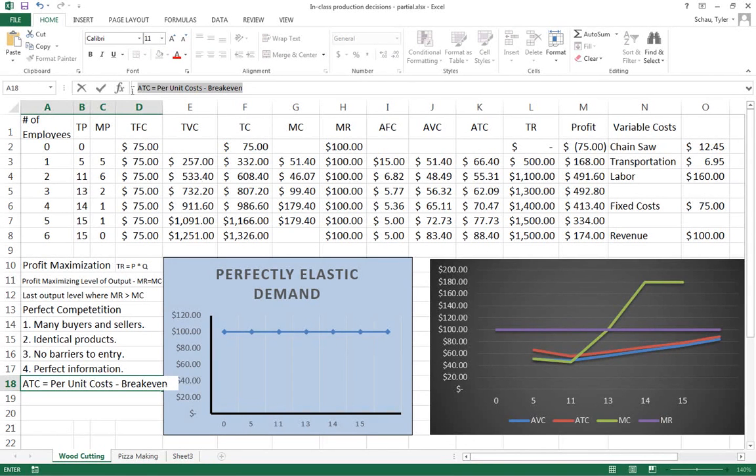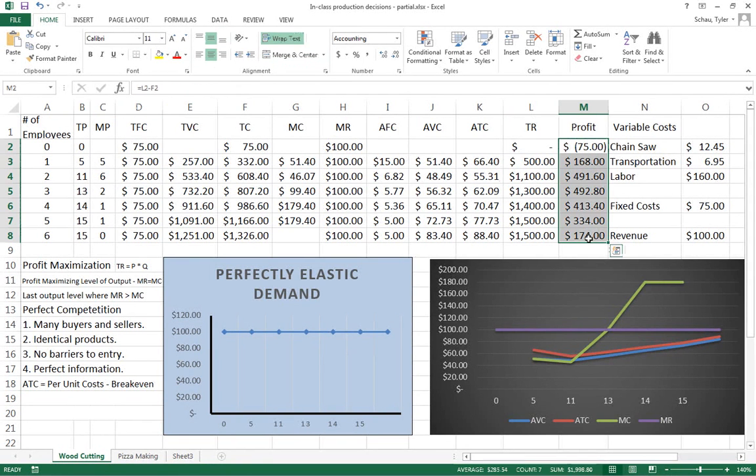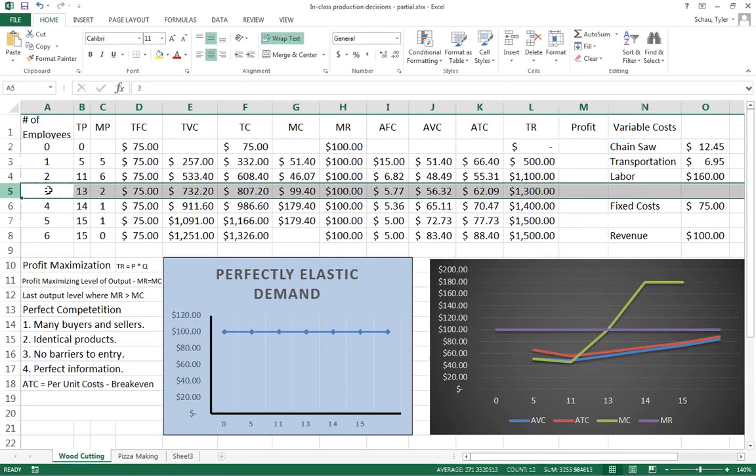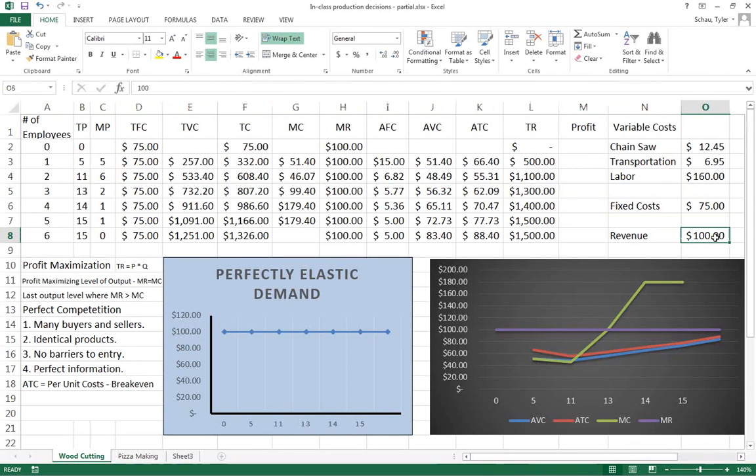And so one of the things that becomes important is I can start to predict whether or not I'm going to be profitable. Even if I don't calculate this here, if I get rid of this stuff, clear contents, and I know that marginal revenue is $100, and I use the marginal revenue equals marginal cost to determine I should produce at 3 employees, I know I'm going to be profitable because my average total cost is $62.09, and I'm selling each unit for $100.